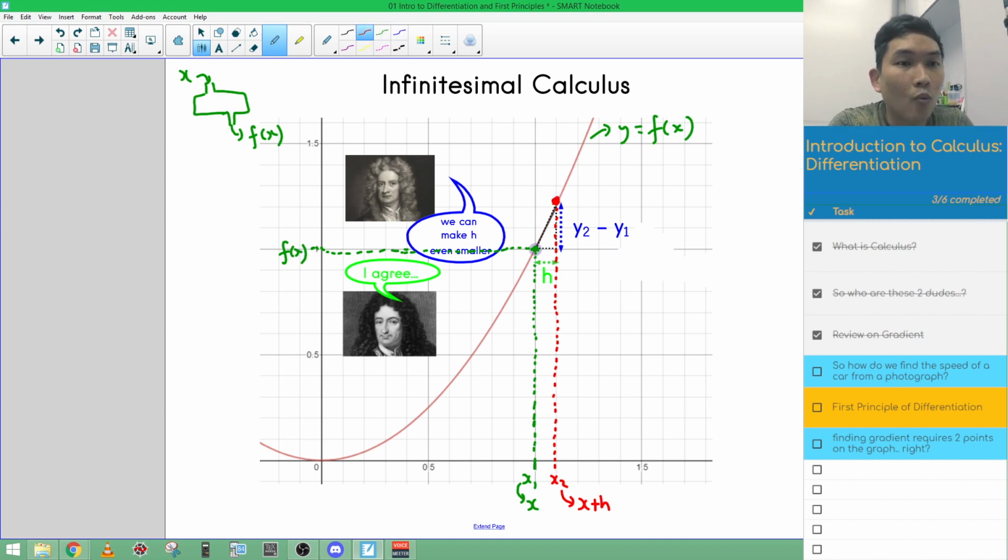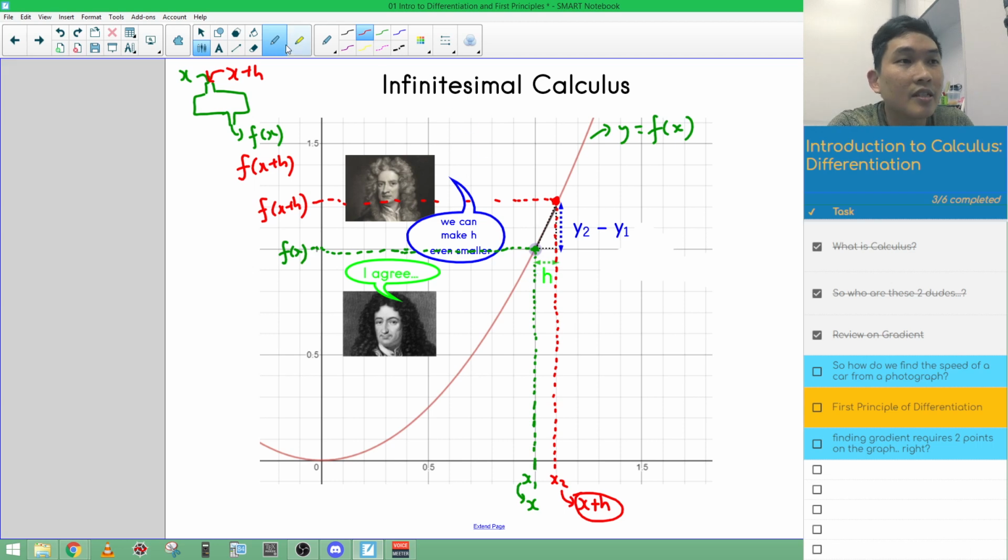And then for y2, this is what we're going to get. Instead of putting in x, my input is now x plus h. So if I put x plus h into the machine, what I get will be f of x plus h. So my y2 is going to be f of x plus h.